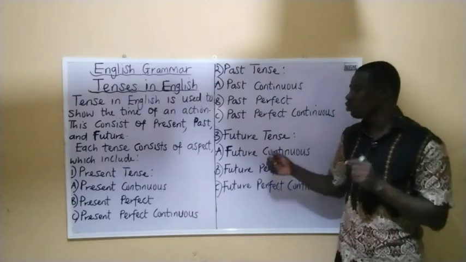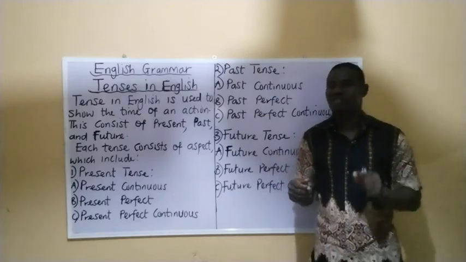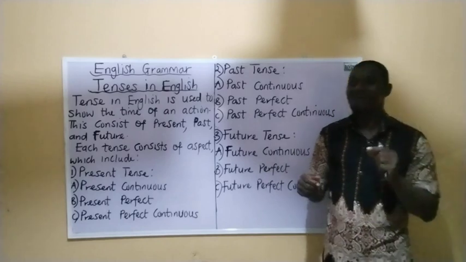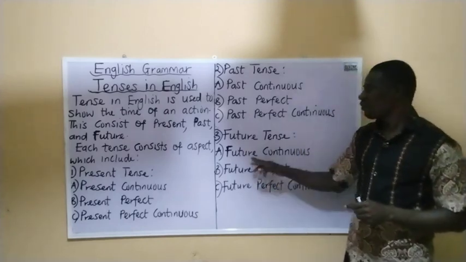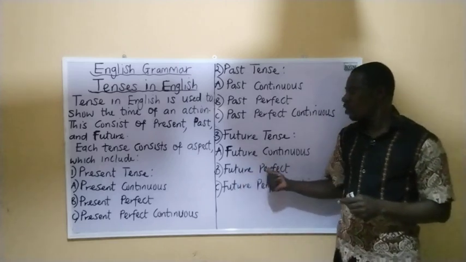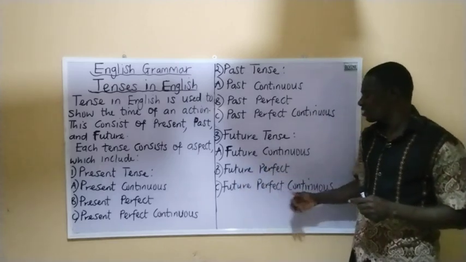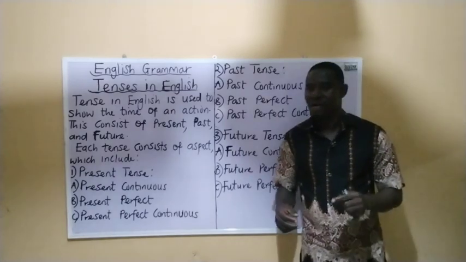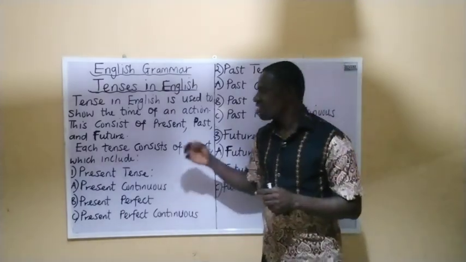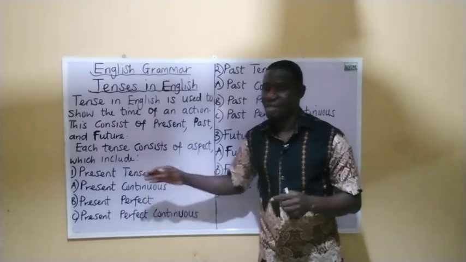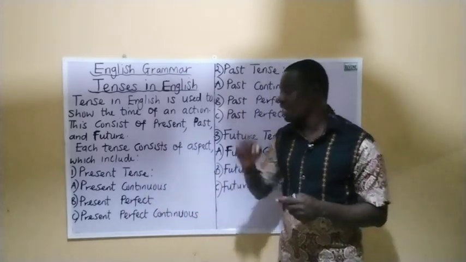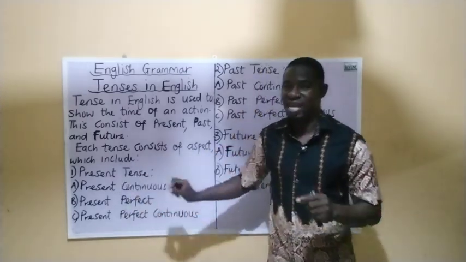Lastly, under the future tense, which is also known as the simple future, we have aspects such as future continuous, future perfect continuous. Okay, we are looking at each of these tenses and their aspects beginning with the present tense.